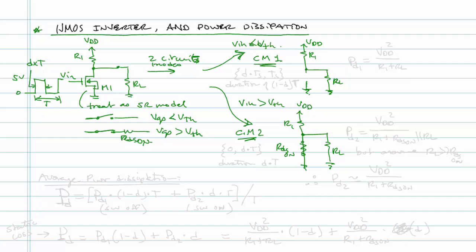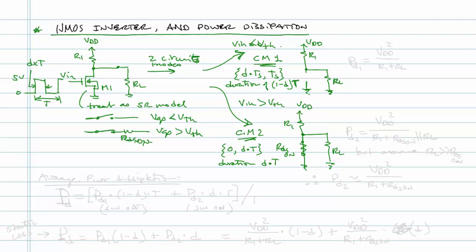The first one is going to last from 0 to D times T, so a duration of D times T. And this one is going to last from D times T to T, so it has a duration of 1 minus D times T. So we'll keep that in mind.